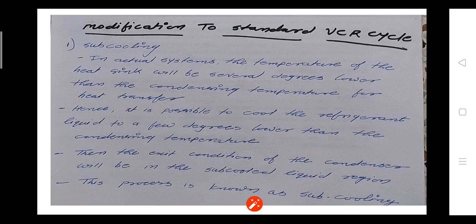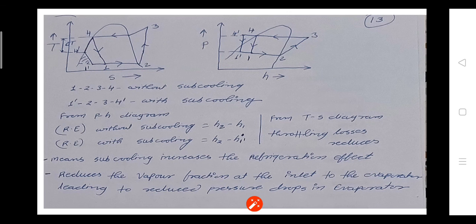Now, what is the effect of subcooling on the performance of the VCR cycle? We will see that with the help of the TS and PH diagrams. In this TS diagram and PH diagram, the standard VCR cycle is 1 2 3 4, that is without subcooling.